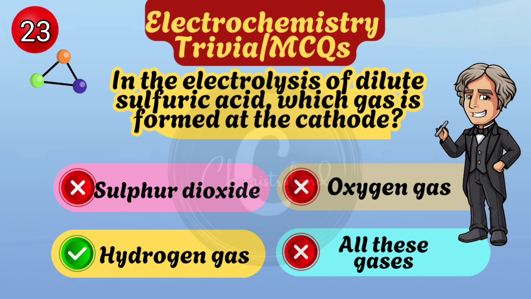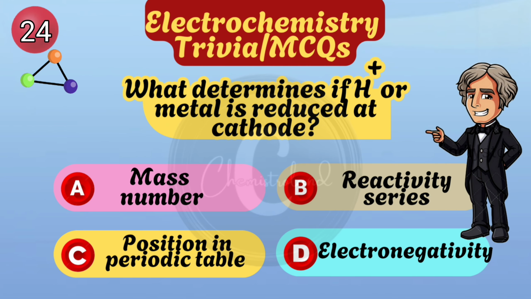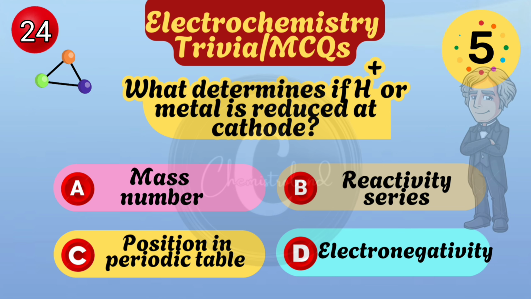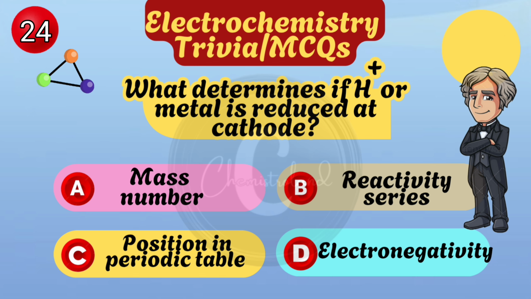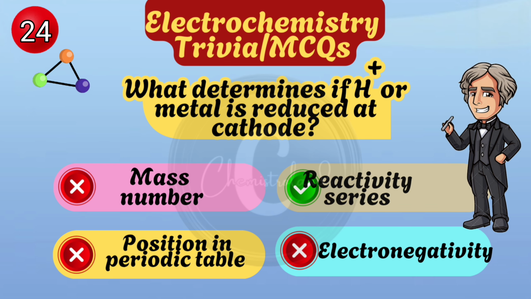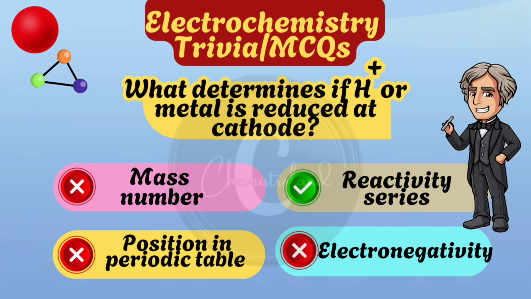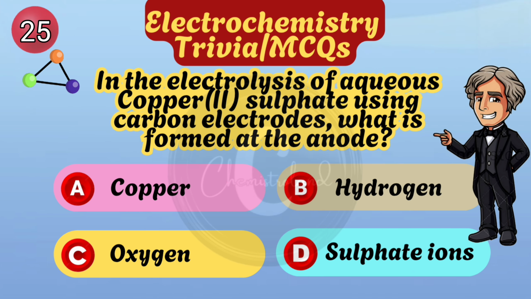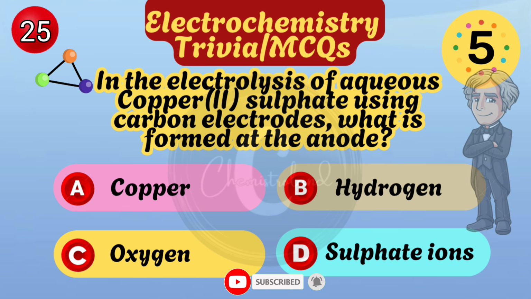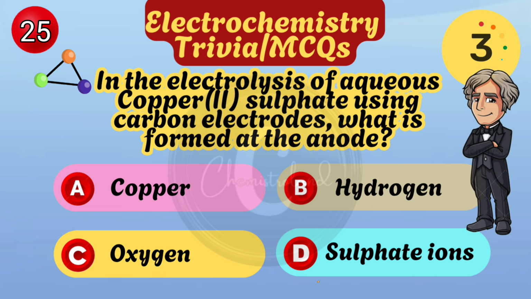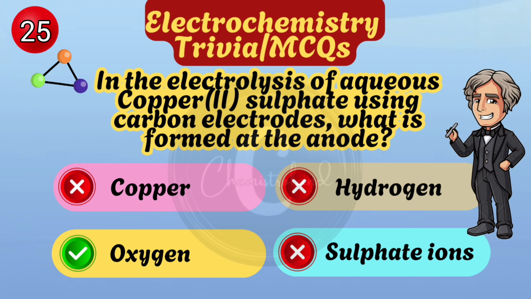Hydrogen gas. What determines if H+ ion or metal is reduced at the cathode? Reactivity series. In the electrolysis of aqueous copper(II) sulfate using carbon electrodes, what is formed at the anode? Oxygen.